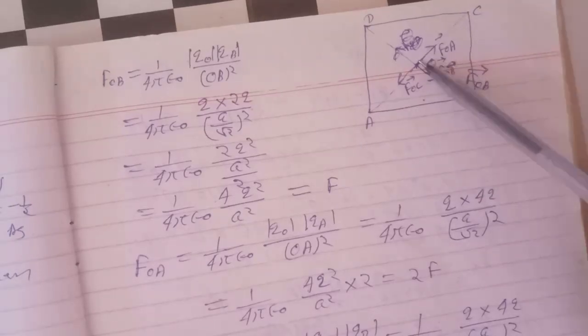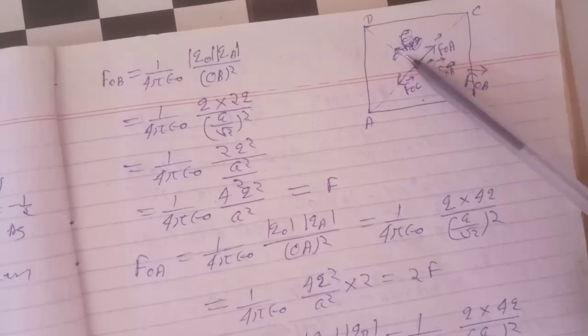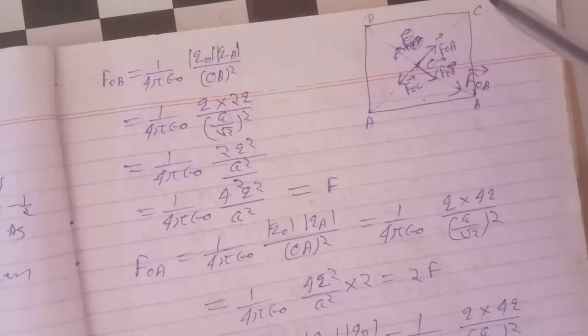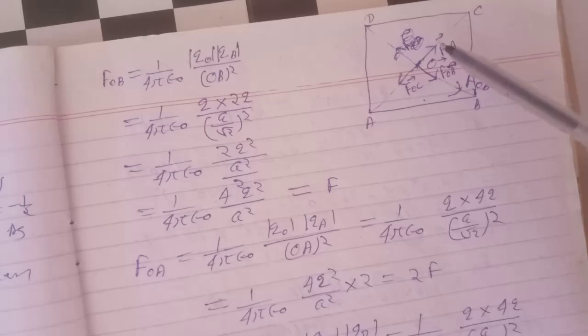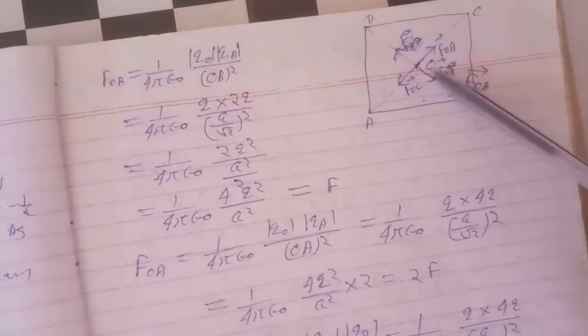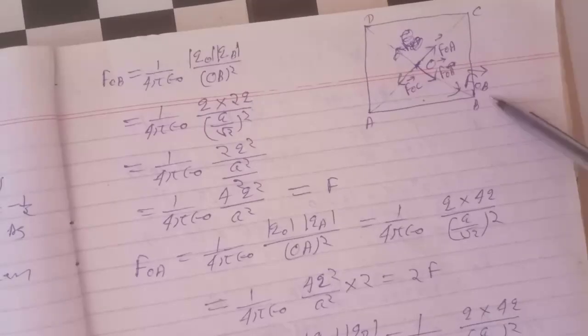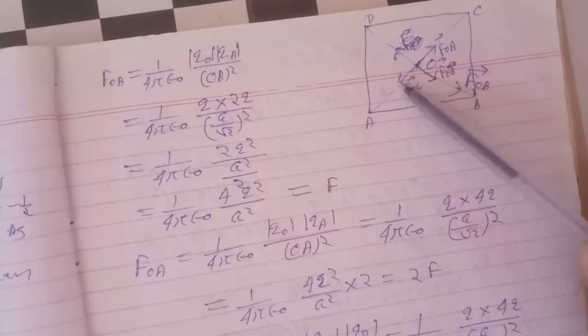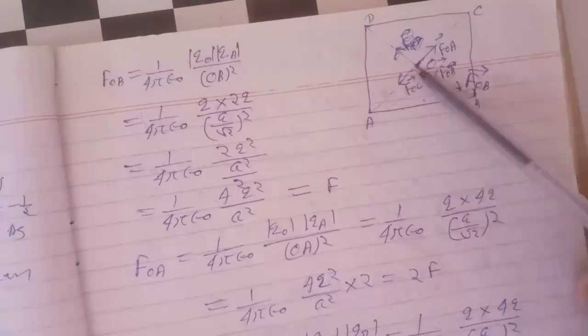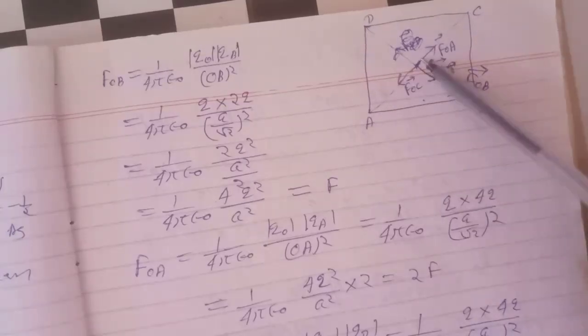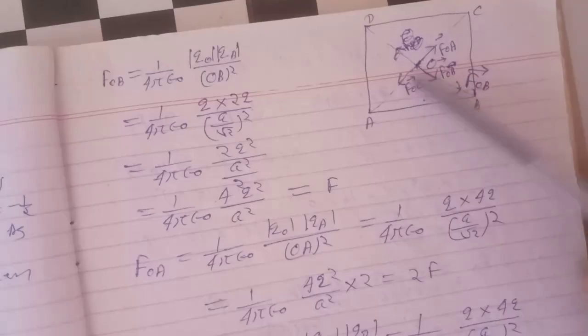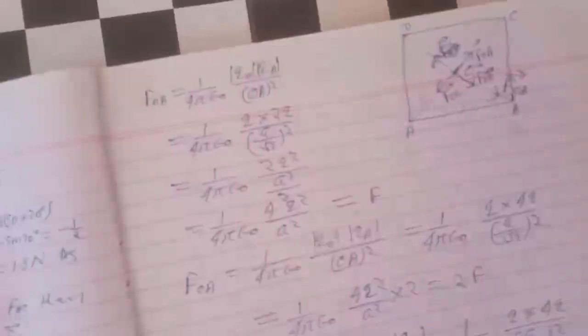Due to this charge it will be in this direction, due to this charge in this direction, due to D in this direction, due to C in this direction, due to A in this direction. Now calculate the forces one by one.